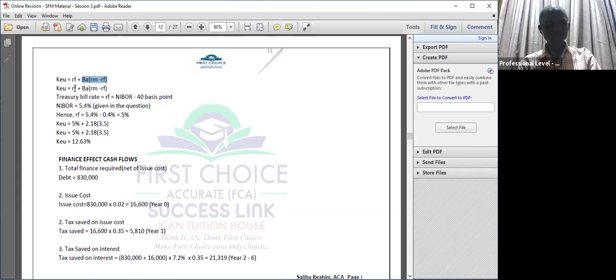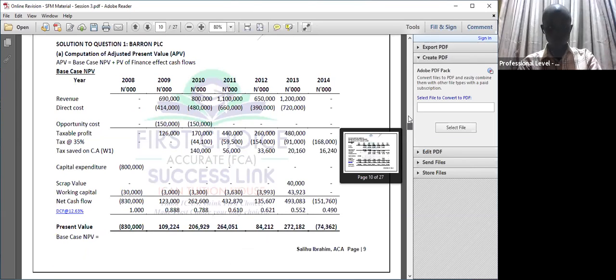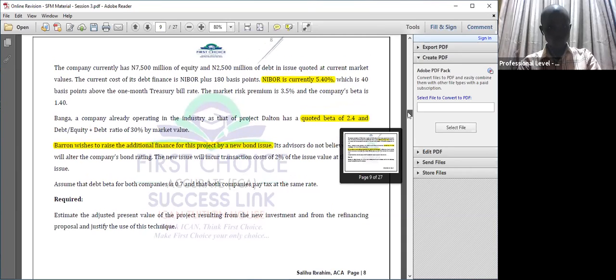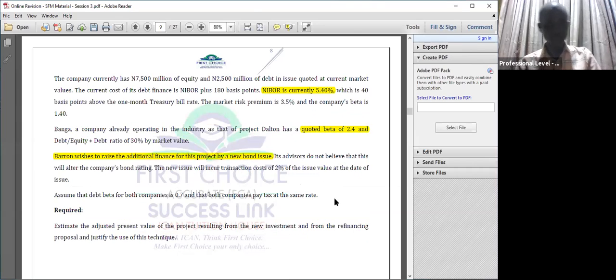Now, I need to get my risk-free rate. Let me go to the question so that you understand what I'm going to do there. I want to do some manipulation there. When you see NIBOR and basis points, it means there are some manipulations that the question wants you to do.